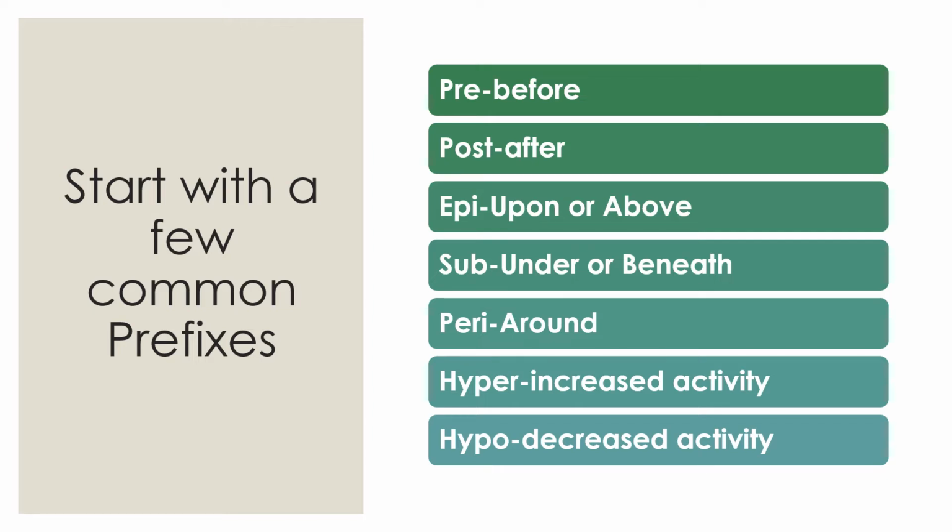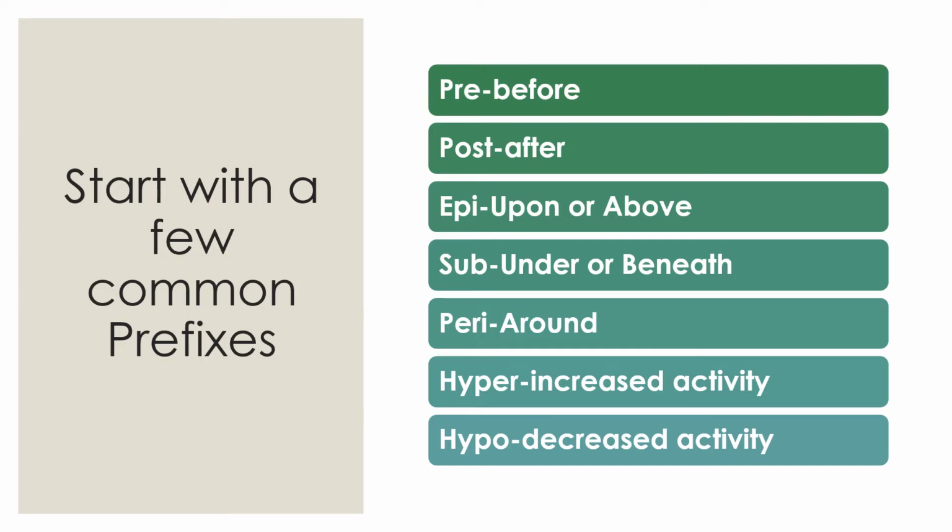Hyper, high, like a hyperactive child. Hypo, decreased activity, like hypoglycemia. So hypo, low. Low blood pressure, hypotension.